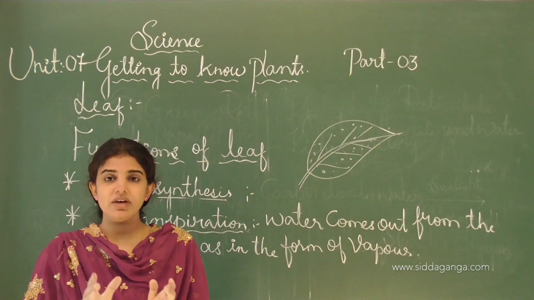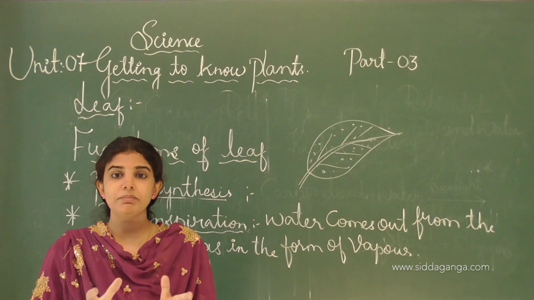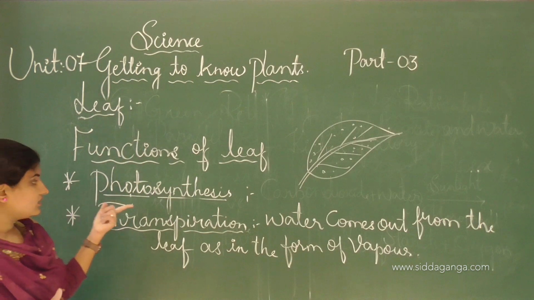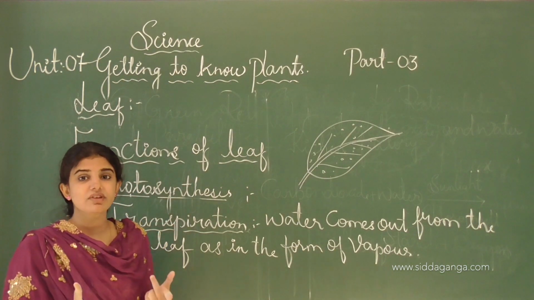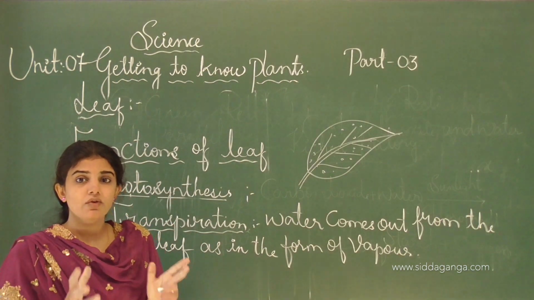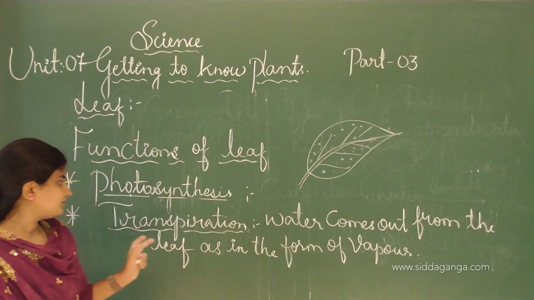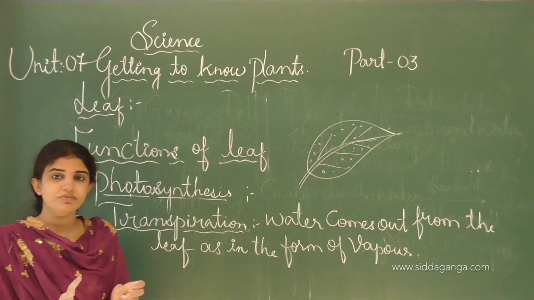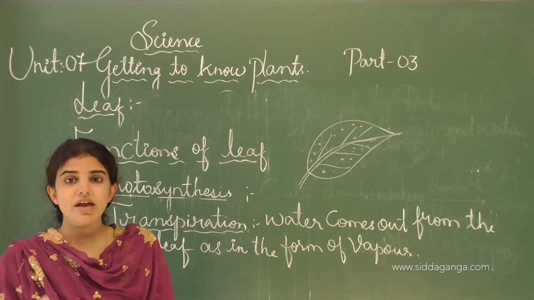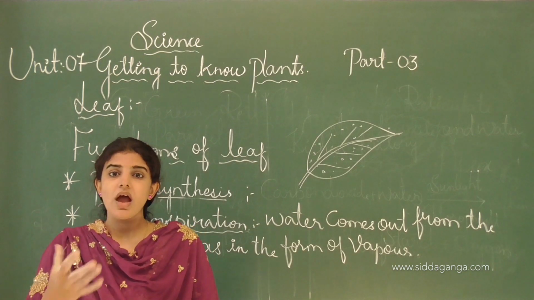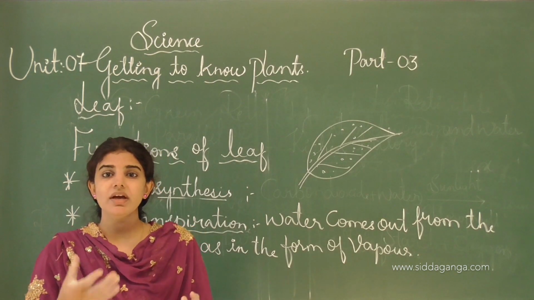Photosynthesis is a process of preparing the food by the leaf. That's why the leaf is called the kitchen factory of the plant, where food will be prepared and circulated through the plant by using simple substances like carbon dioxide as well as the water which is present in the atmosphere, and by using the chlorophyll pigment.